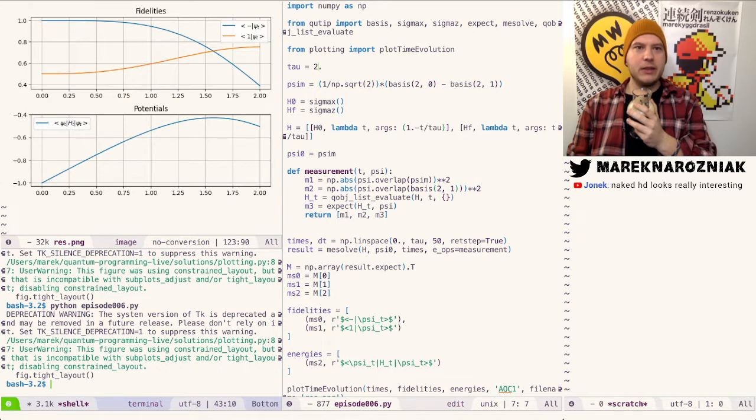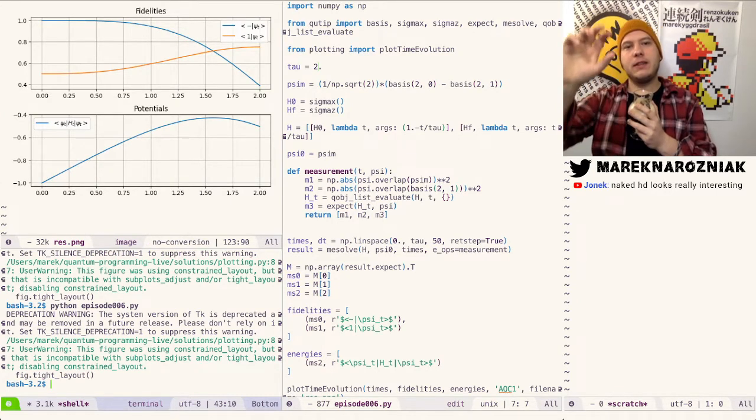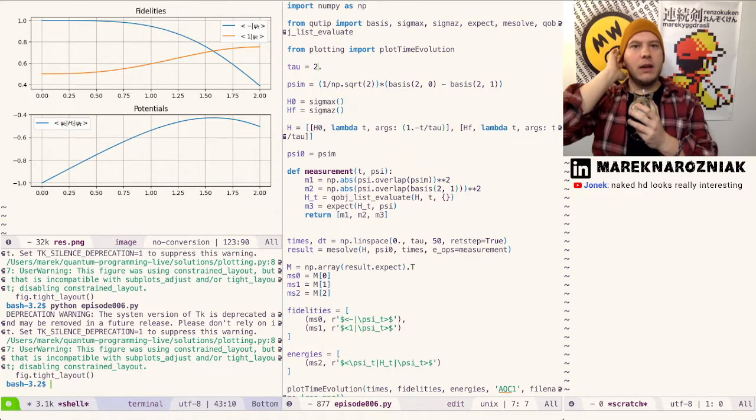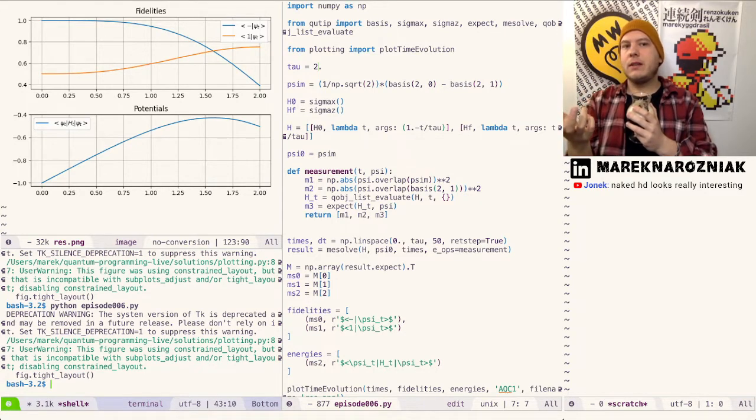Yeah, so now their fidelity swapped. So actually it becomes more likely to measure 1 than minus, which is pretty neat, but we don't yet reach the energy of the ground state of sigma z.